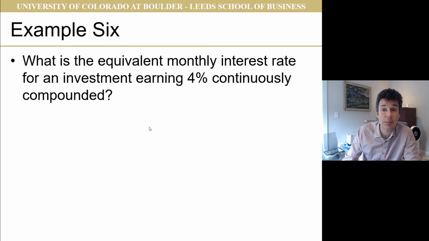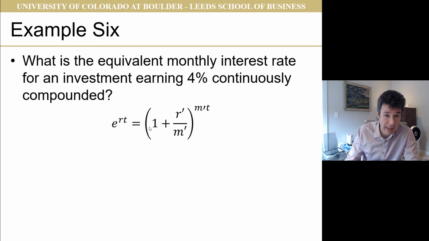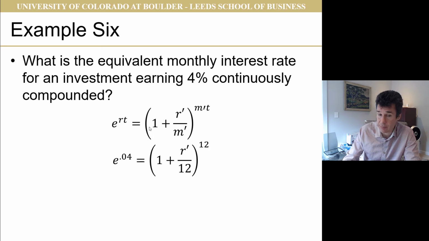Finally, what's the equivalent monthly interest rate for an investment earning 4% continuously compounded? So this is going the other way. I want to know what the monthly rate is given a continuously compounded rate. Again, it's a substitution question. I'm trying to solve for r prime, which means I need to take the 12th root of both sides, or both sides to the power of 1 over 12.